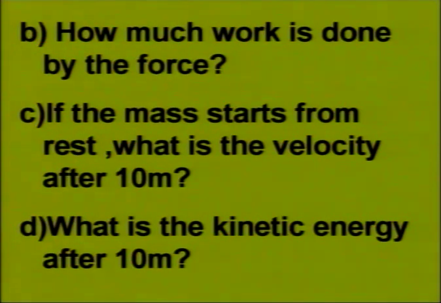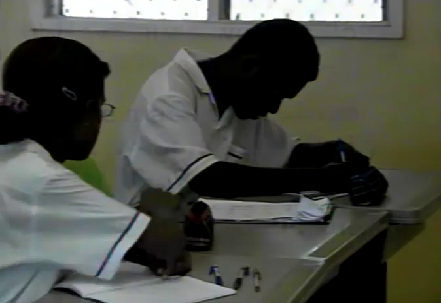If the mass starts from rest, and the work done is 4 million joules, what is the velocity after 10 meters? It is using the work energy theorem. What is the final kinetic energy, and what is the initial?